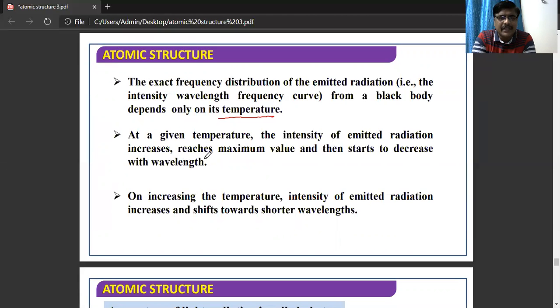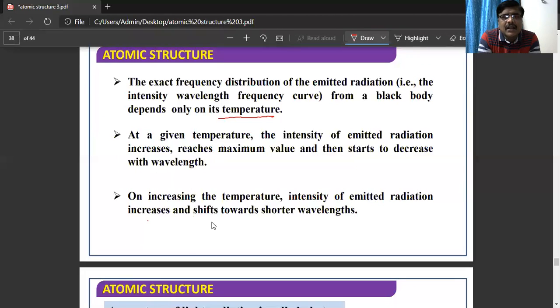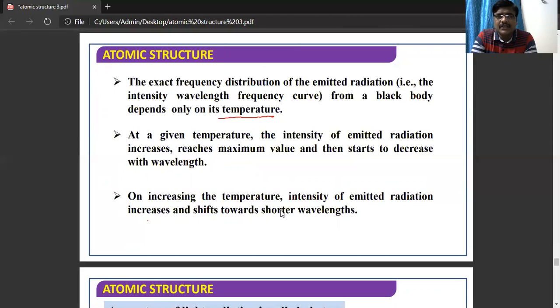At low temperature, the intensity of emitted radiation will be less. But as the temperature increases, the intensity also increases, reaches a maximum value, and thereafter starts decreasing. On increasing the temperature, the intensity of emitted radiation increases and shifts towards the shorter wavelength.